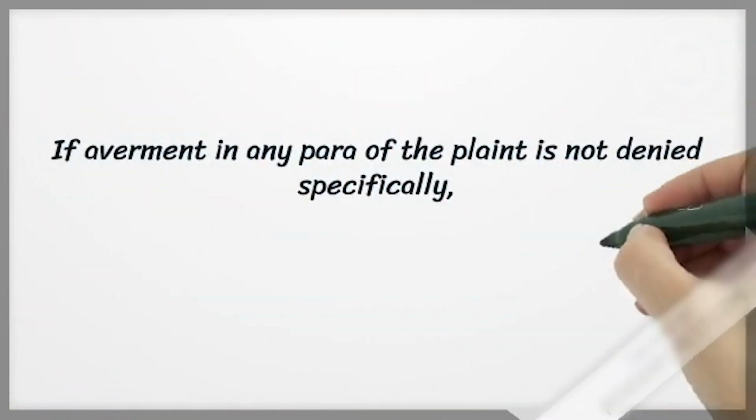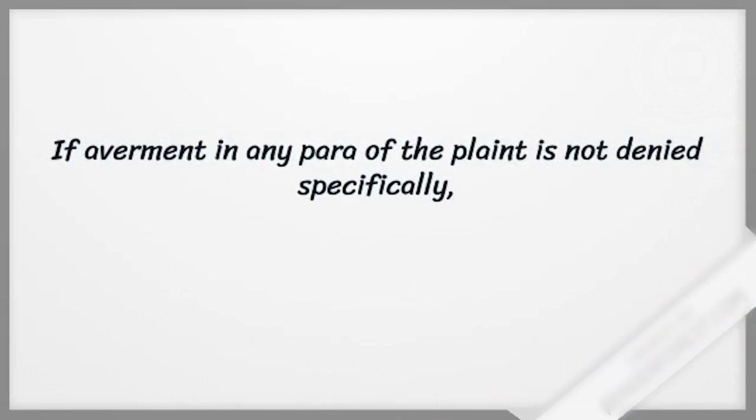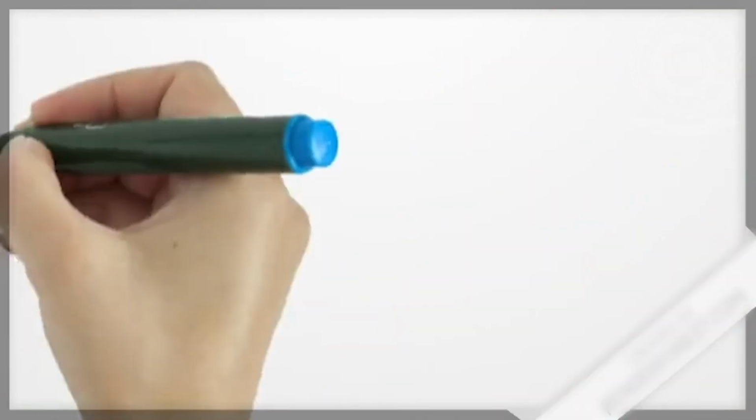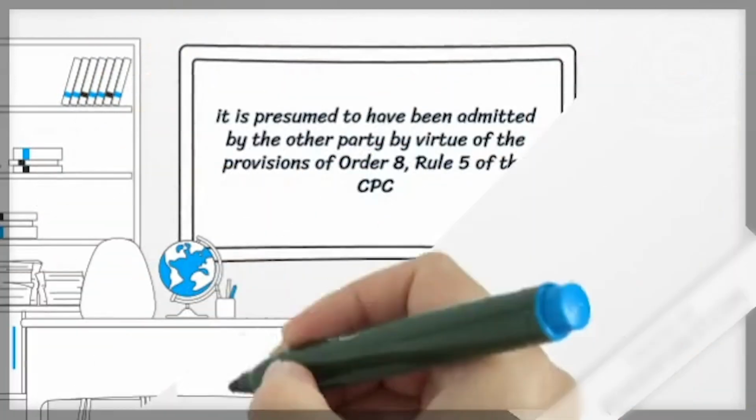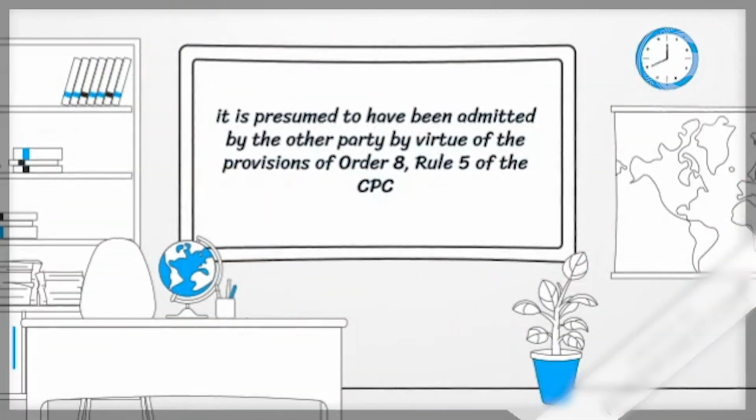If an averment in any para of the plaint is not denied specifically, it is presumed to have been admitted by the other party by virtue of the provision of Order 8, Rule 5 of the Code of Civil Procedure 1908.